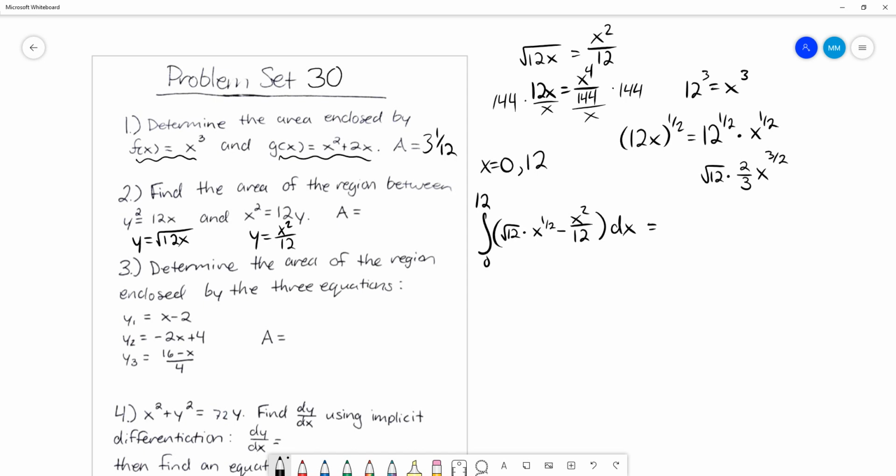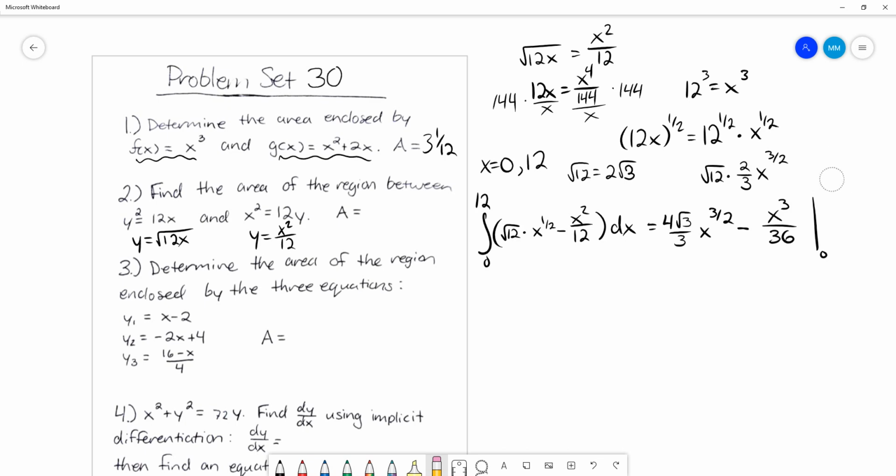Actually, square root of 12, I can simplify to 2 times the square root of 3. So it'd be 2 times square root of 3 times 2 divided by 3, which would be 4 square root of 3 over 3. So I'll write it that way, 4 square root of 3 over 3, x to the 3/2, and then undo that power rule, so it's going to be minus x to the 3rd, and I'm going to divide by 3, so that's going to be 36.